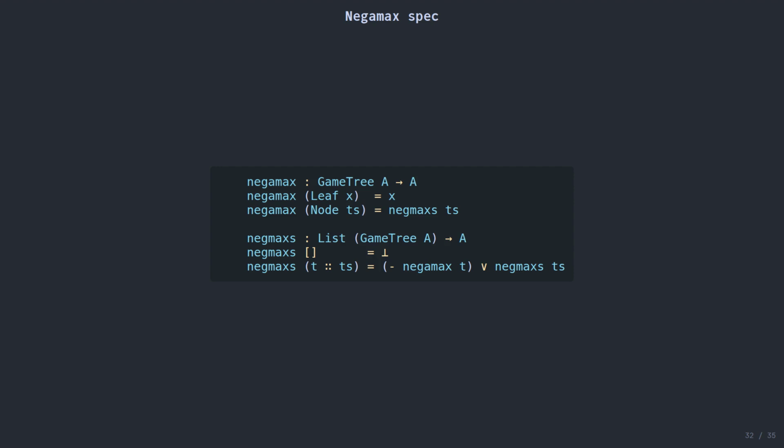This corresponds to choosing the move that maximizes the negated score, which is the negamax principle. The helper function handles lists of subtrees. For an empty list, it returns the bottom element. For a non-empty list, it negates the recursive result and joins it with the rest. This compact definition encodes the entire alternating structure of two-player evaluation in a single, elegant function.